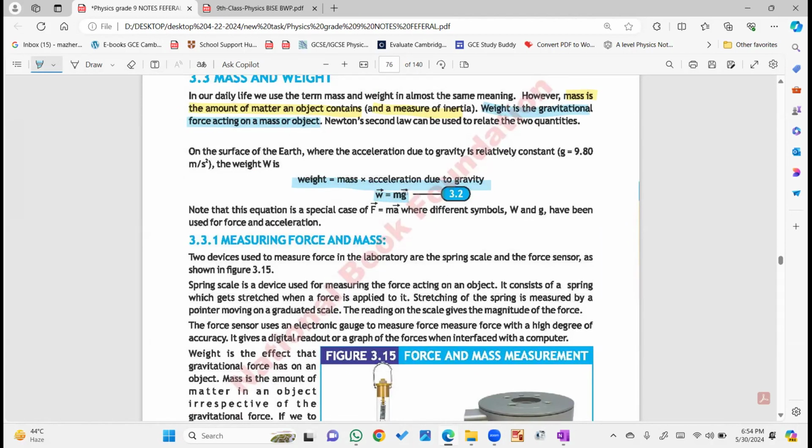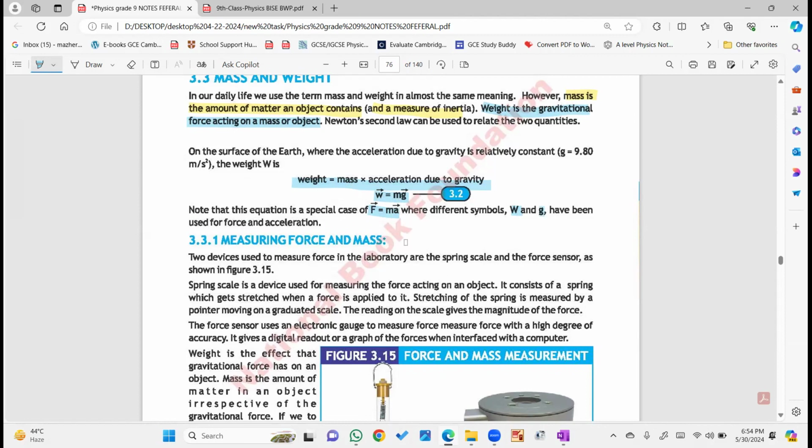That is why they have an arrowhead on it. We have studied how to show vectors. We either write the bold letters or draw an arrow on it. Then they have given us the equation F equals ma, where F is replaced by W and a is replaced by g when an object is falling freely.